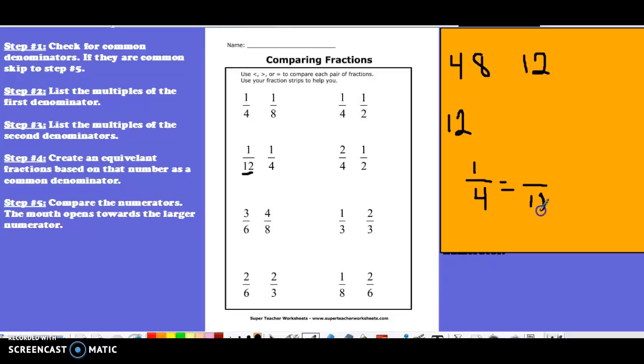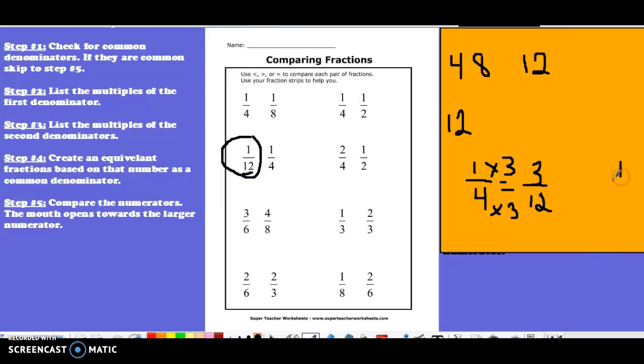And how did I do that? I changed this denominator by using multiply or divide. In this case, I multiplied by 3. And the same to the top must be applied. So I multiply 1 times 3 and I get 3. Now I'm ready to compare 3/12 to the original first fraction of 1/12.